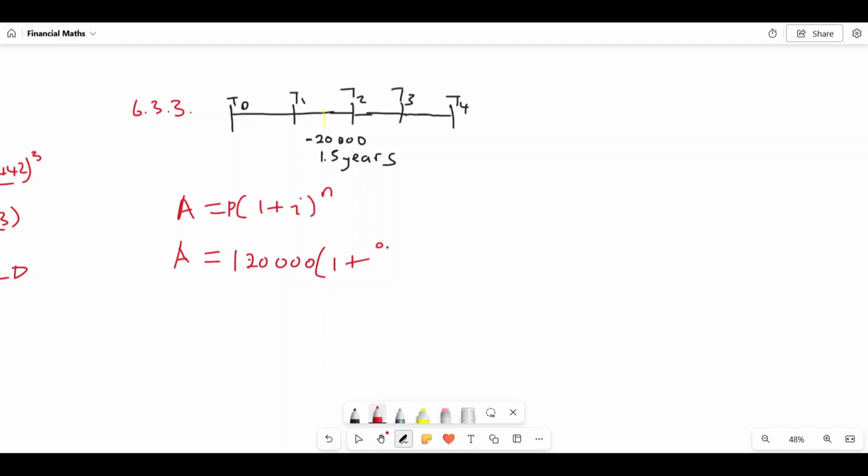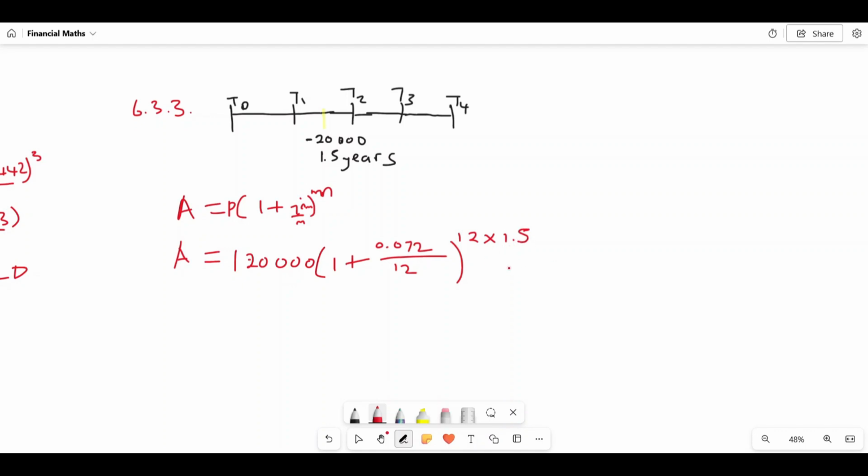Let's just use the nominal rate just to show them that we are smart. For us to use the nominal rate, I'll need to change the formula that we are using here. We are going to use this one. So this is going to be 12, then we'll raise it to the power of 12 times 1.5 years.